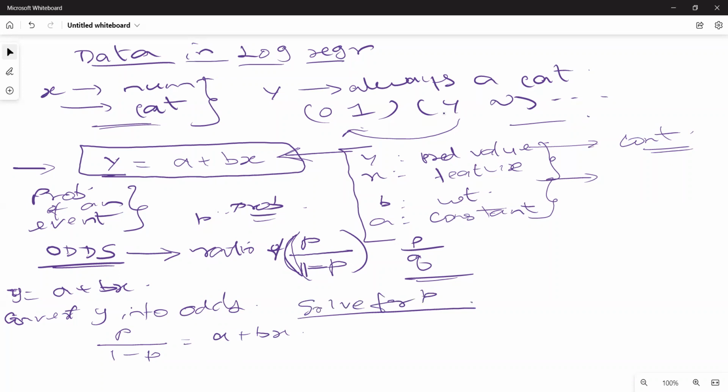So how do you get the value for p is by taking the log on both sides. So log of p by 1 minus p equals a plus bx. Okay, so this expression on the left hand side is known as the log of odds.